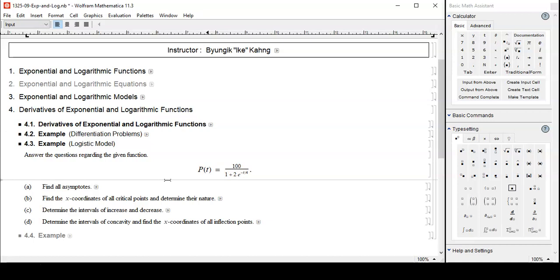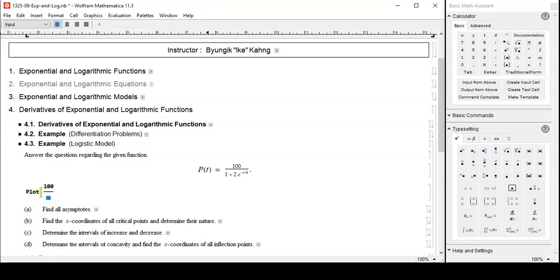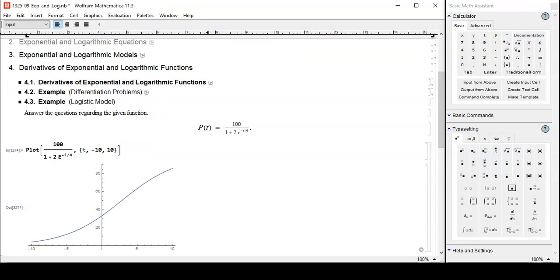So go ahead and open your favorite grapher, and then plot it. Okay, I'm using Mathematica, but you could have used your handheld calculator or other tools like the Desmos graphing calculator.